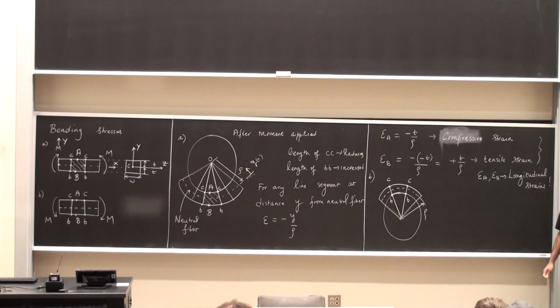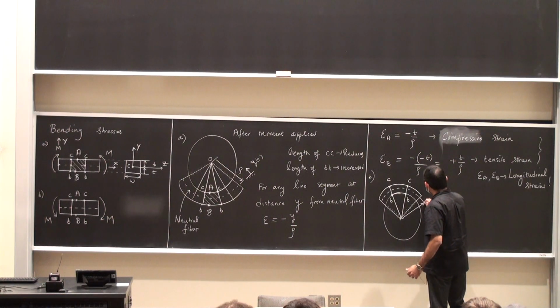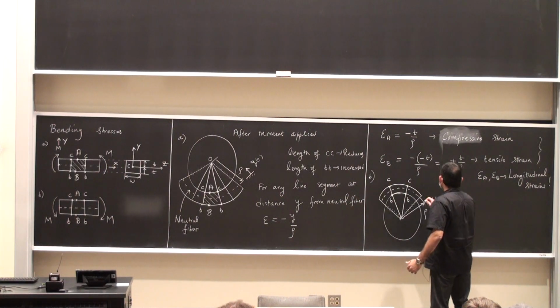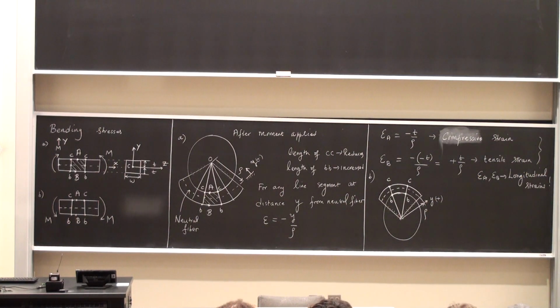This is my radius rho. Distance y is always measured above the neutral fiber. If I go below the neutral fiber, my y is negative.